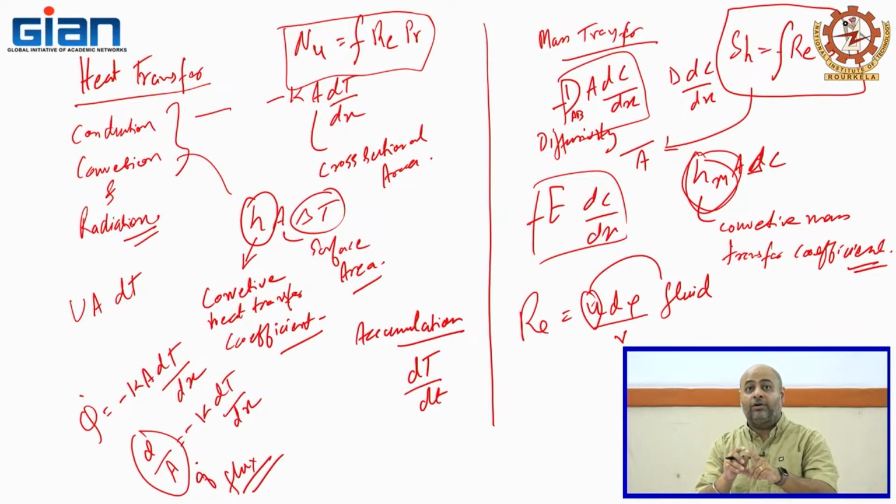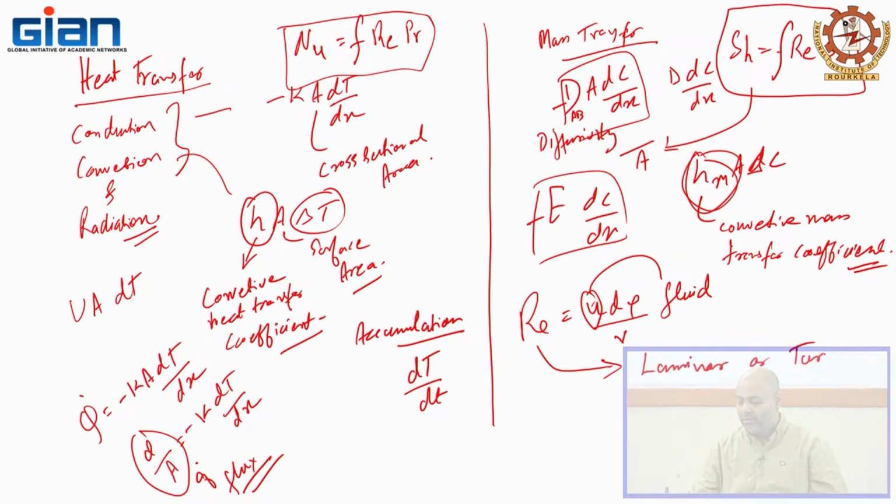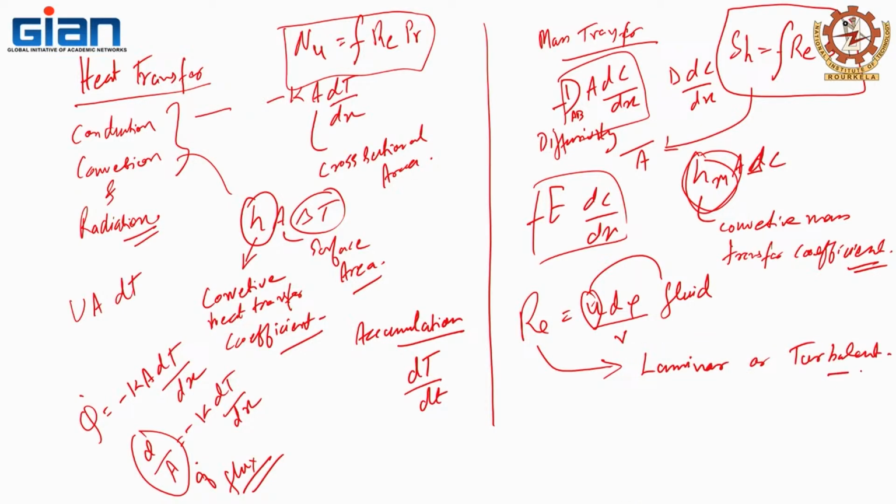What sort of flows can Reynolds number tell you? Whether it is laminar or turbulent. What sort of flow do you assume will be existing inside a bioreactor? You have your agitator moving, so you are going to have mostly turbulent flow.